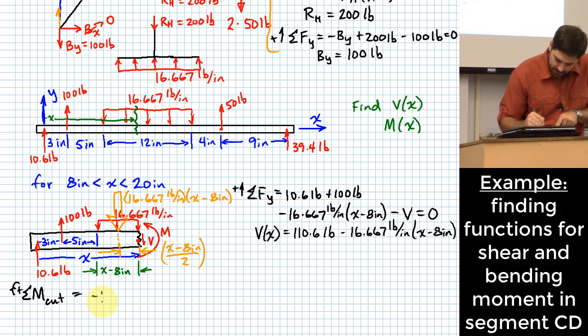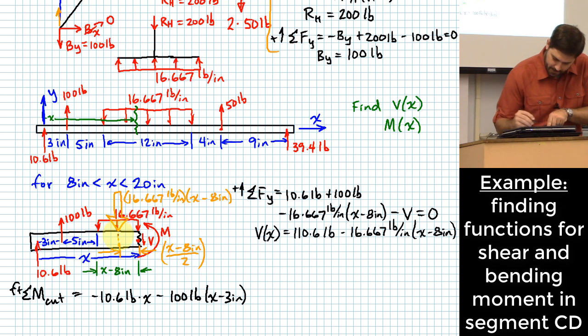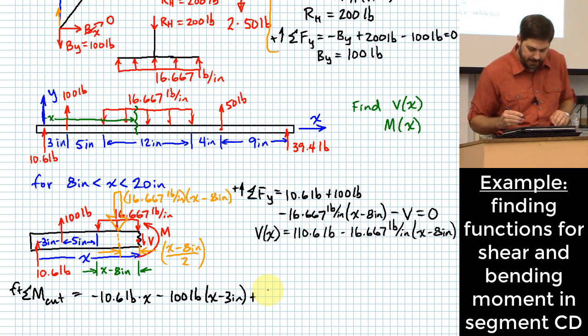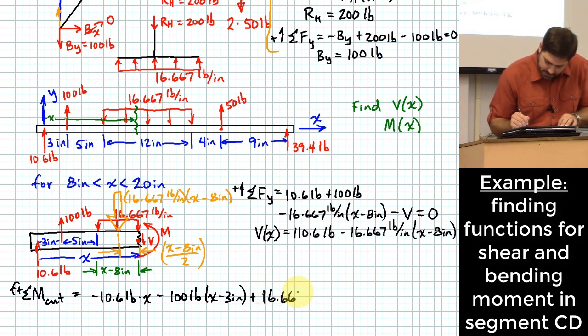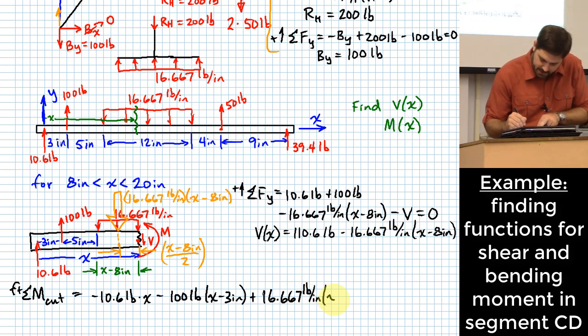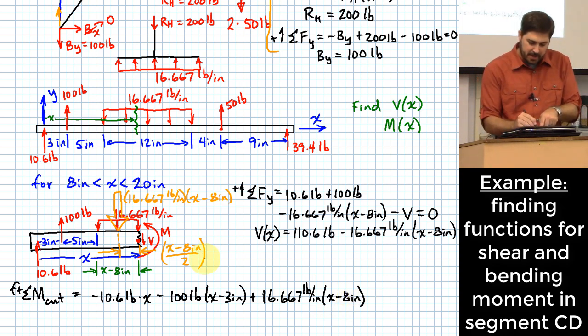Minus 10.6 pounds times x, minus 100 pounds times x minus 3 inches, plus, this one's kind of the trickiest one, 16.667 pounds per inch times x minus 8 inches, times x minus 8 inches over 2.